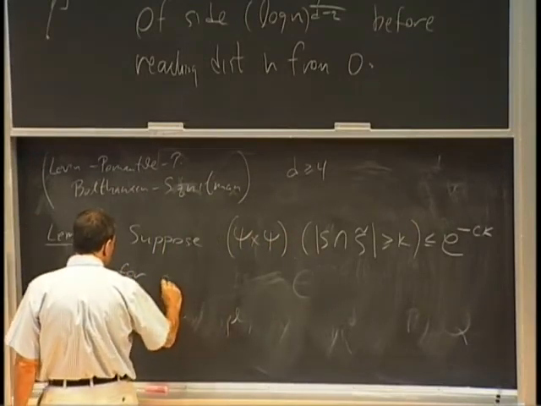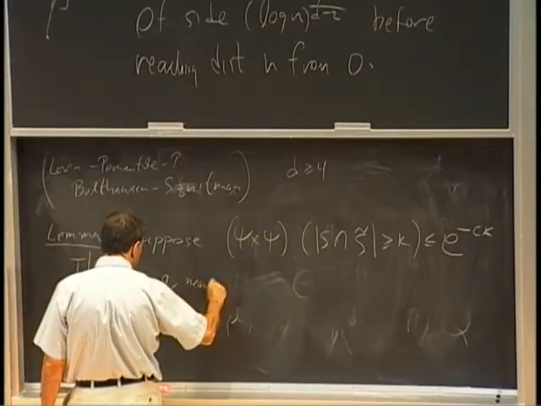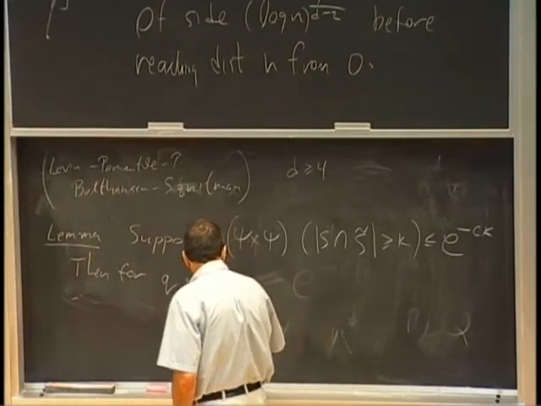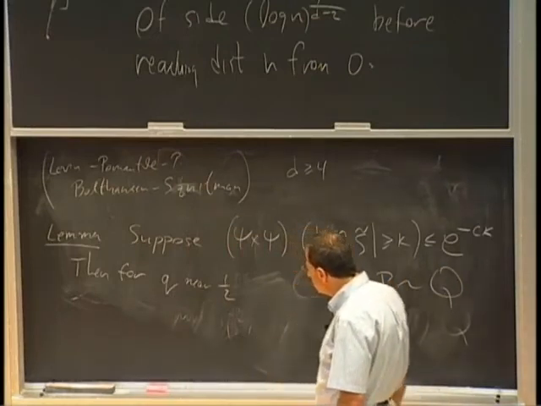Okay, then for q near 1/2, to be more precise, the 2 measures are absolutely continuous.